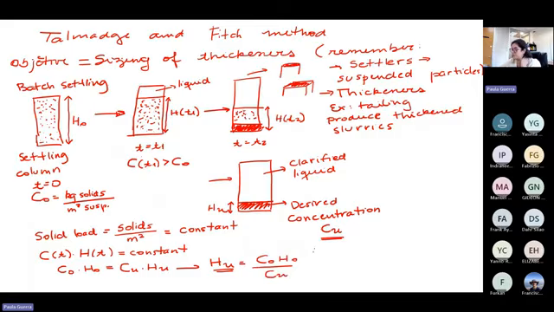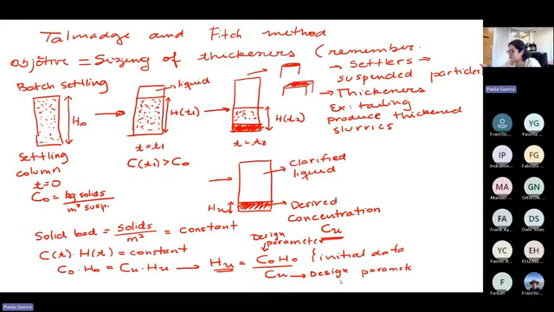This is initial data, which would be the design data, because C0 is going to be a design parameter, equivalent to the concentration of whatever enters the settling tank. And Cu is also a design parameter, because it refers to our desired underflow concentration.